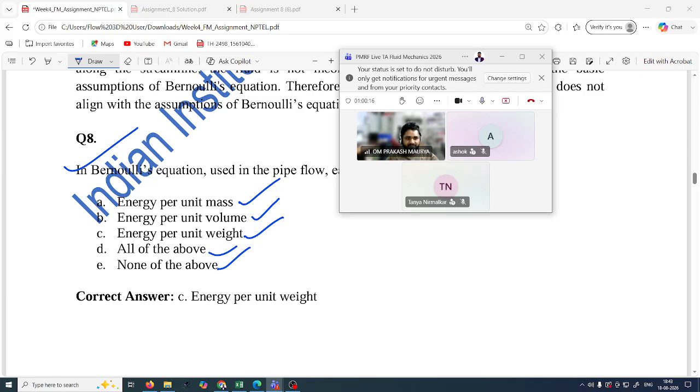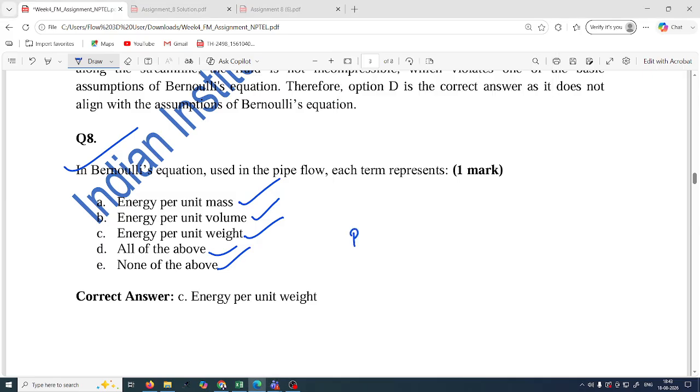Let me explain. The Bernoulli equation is P by rho g plus V square by 2g plus Z is equal to the total head H.